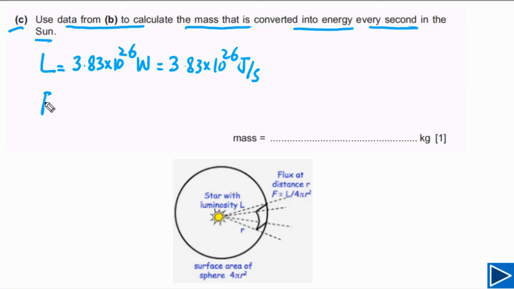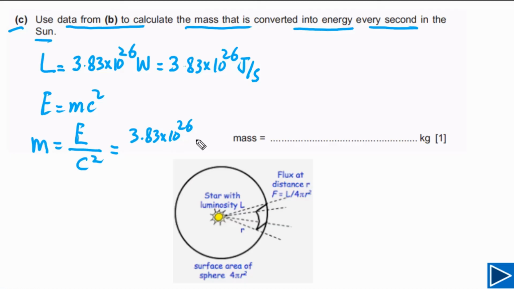So we have to use E is equal to mc square. We have energy, we have to calculate mass. So simply we will say in this case mass is equal to E over c square. The value of E is given to us, that is 3.83 times 10 to 26 joules per second divided by 3.00 times 10 to 8 square of this.